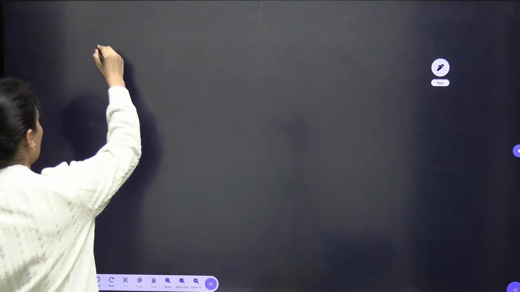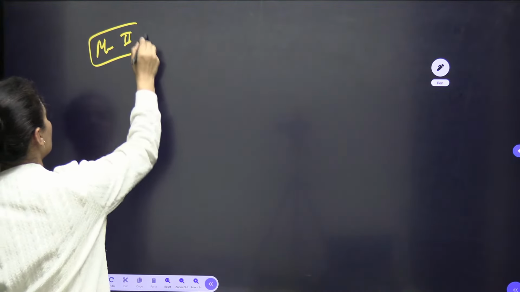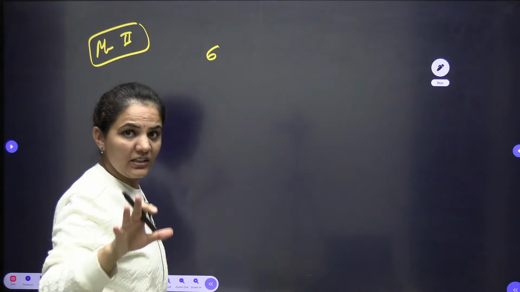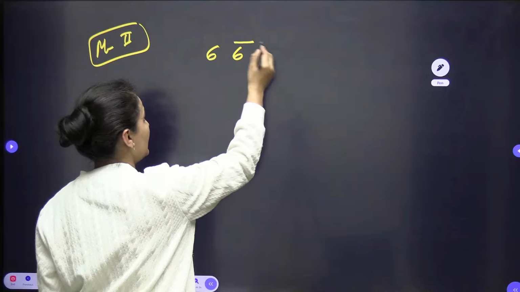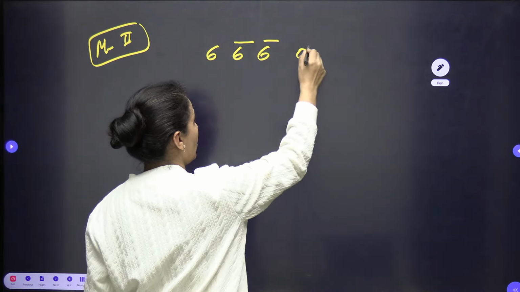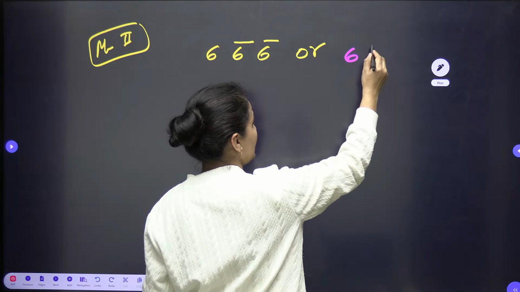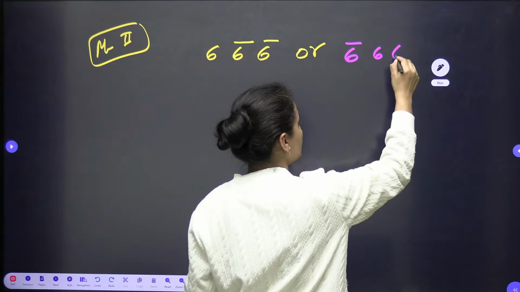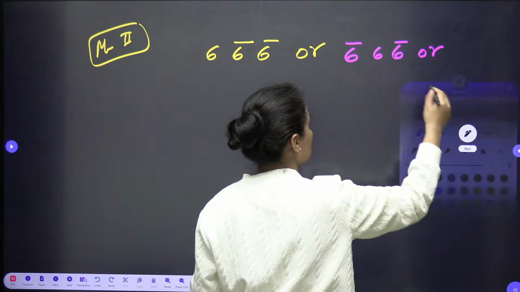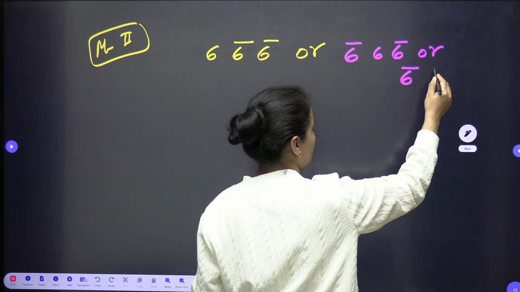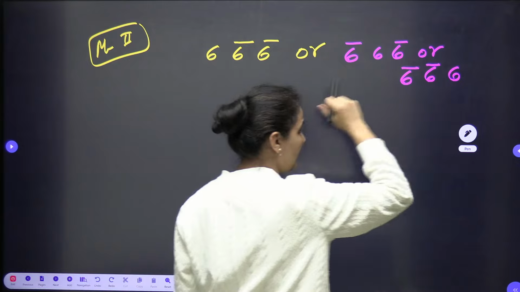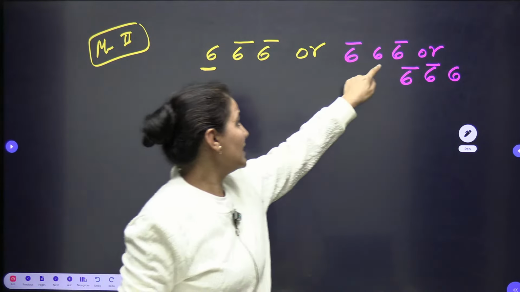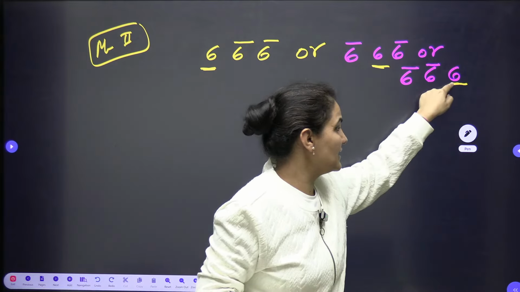If you want to go case by case, you can. Suppose you get 6 in the very first roll, not getting 6 in the second or the third. Or it is possible to get 6 in the second roll, not in the first or the third. Or again, not in the first, not in the second, but getting 6 in the third.